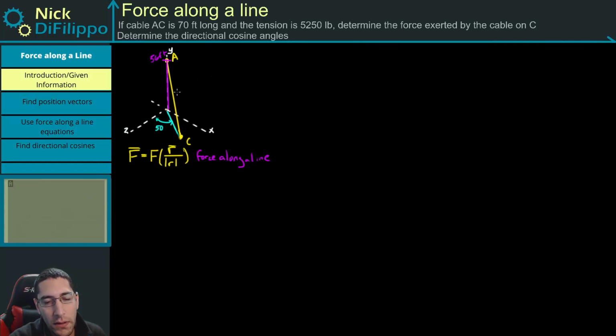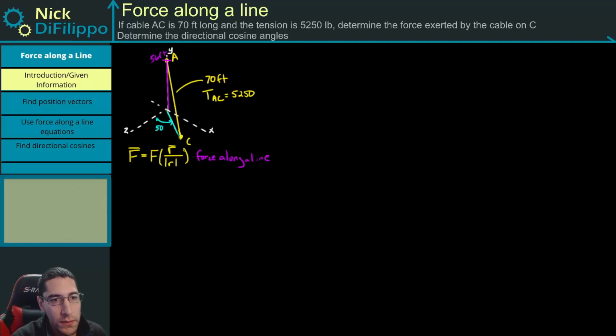And right now, we know that this length right here is 70 feet. And we know this force, and we'll call this TAC, is equal to 5,250. Now, what do we need to do? Well, some of this information we can put directly into this problem. This is the magnitude of our force. This is the magnitude of our position vector of this line.